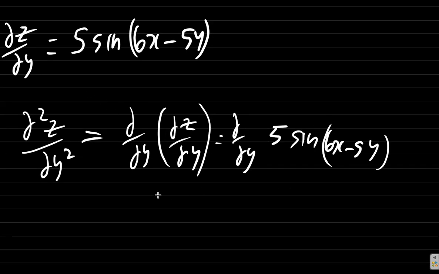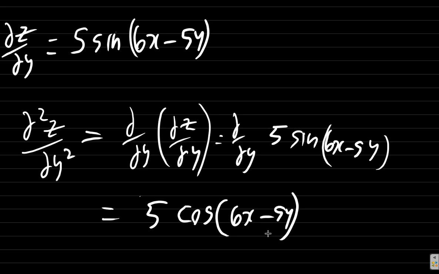Now, here, when you differentiate this with respect to y, chain rule again. You have the outside function, 5 sine of something. When you differentiate the sine of something, you get the cosine of it. So what you have is 5 cosine of 6x minus 5y. Now that something is the inside function. It is what you would have called u, if you were doing it step by step, showing our steps in the substitution.